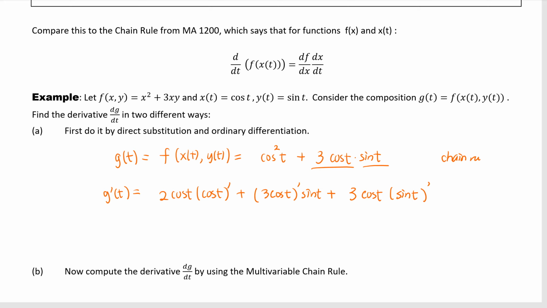This is chain rule, and the second term we use product rule. Derivative of cosine is minus sine t, but sine t times sine t is sine squared. Derivative of sine is cosine, so cosine times cosine is cosine squared. So far so good, everybody?